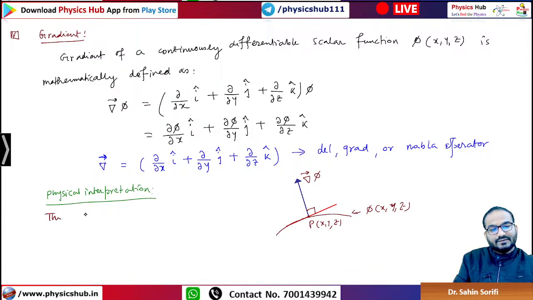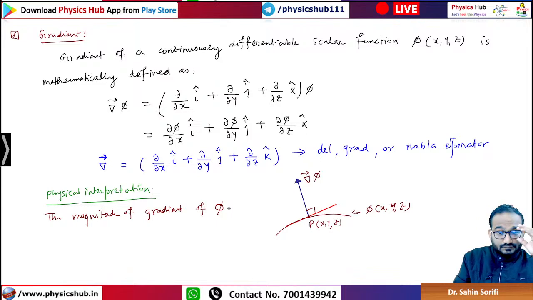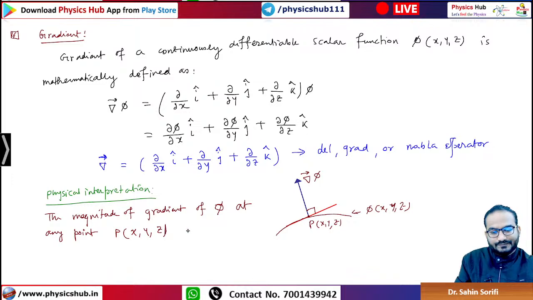So the magnitude of gradient of phi at any point P, whose coordinates are x, y and z, is equal to the following.